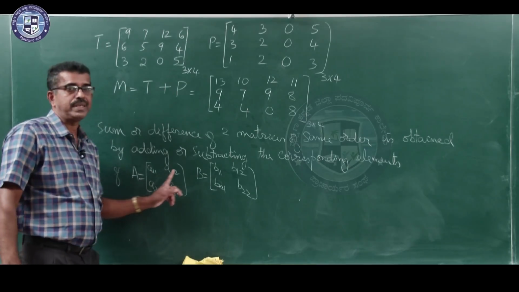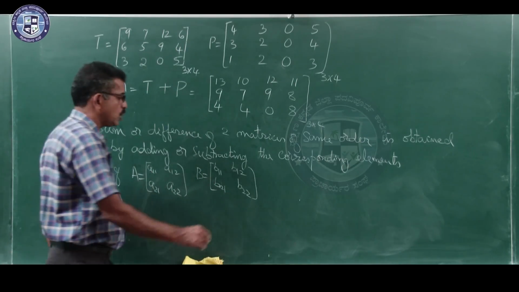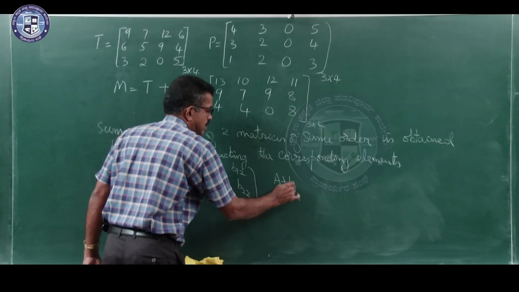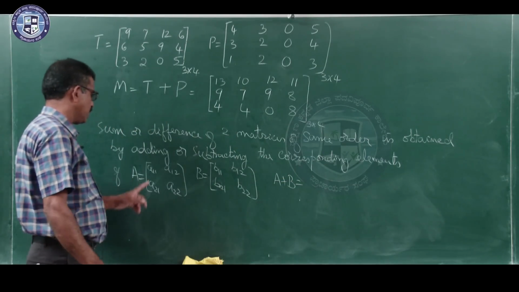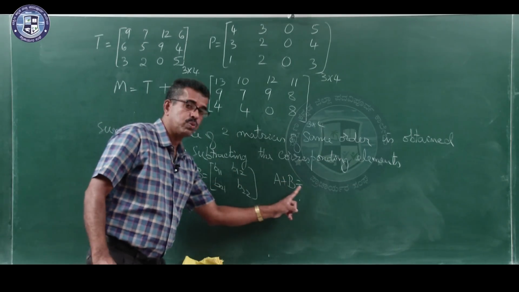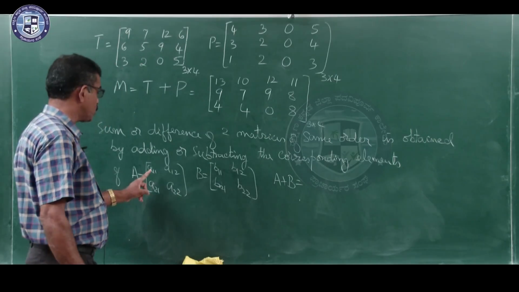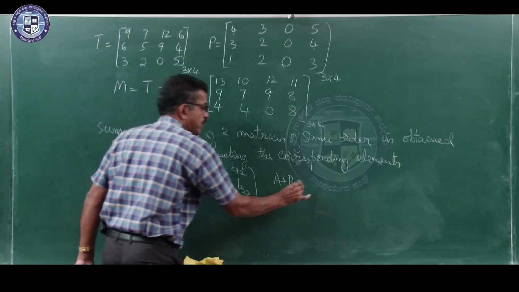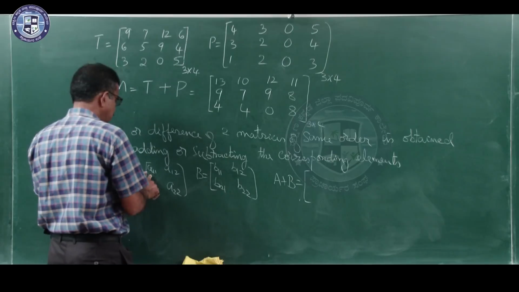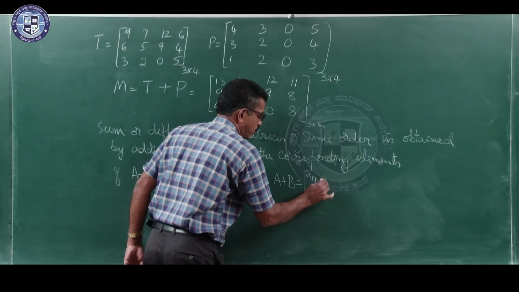Suppose these are the two matrices A and B, then can you please tell me what is A plus B? Just to get practice. In order to sum the two matrices, we are supposed to add corresponding elements. Therefore, what can you tell about this? It is nothing but A11 plus B11.